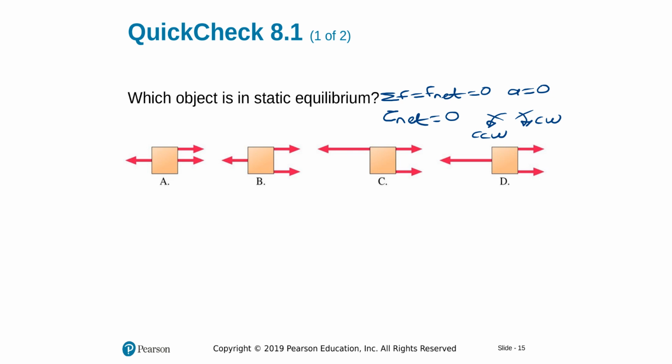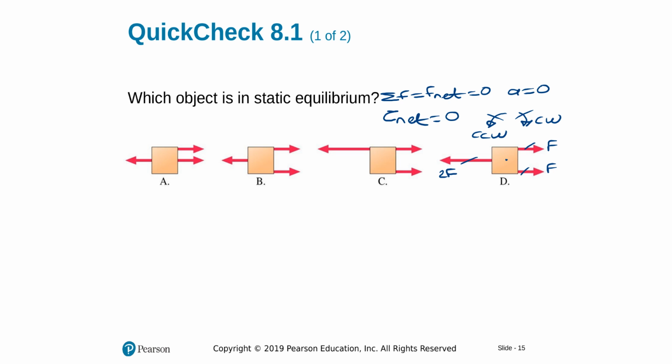This question is asking which of these objects is in static equilibrium. It would be this one only. We have two forces to the right, one to the left, twice as large as either force. So forces cancel, no acceleration, right or left, and there's no rotation either.